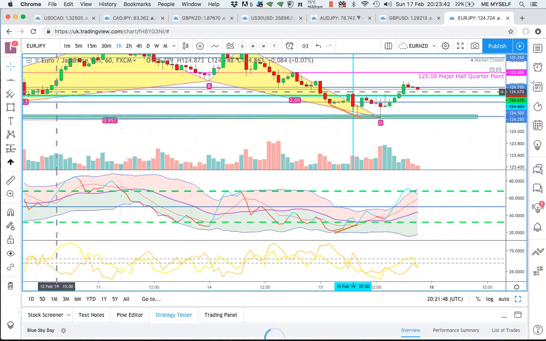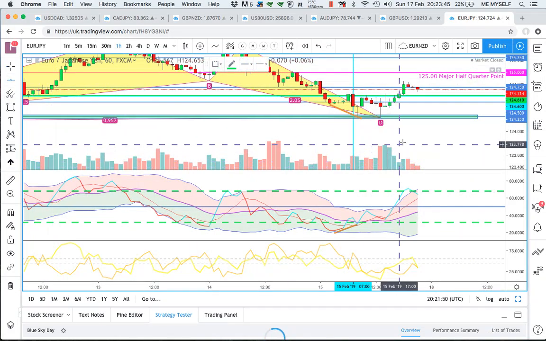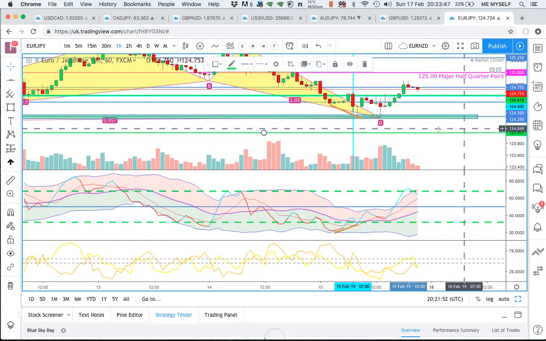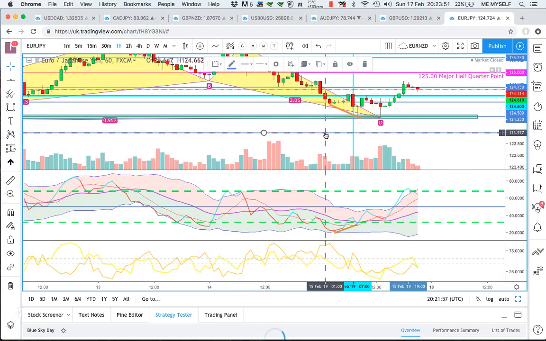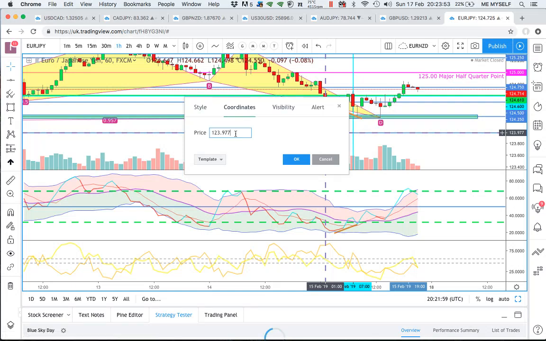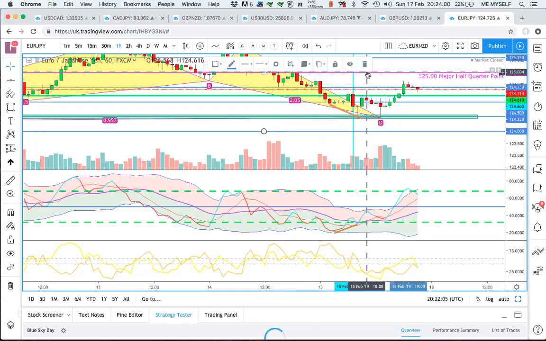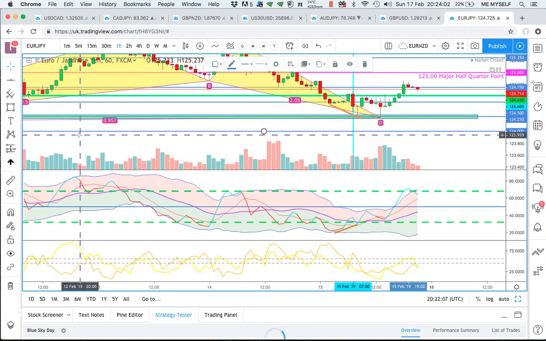is usually, I'm putting another quarter point level down. The next quarter point level down is 124.0. And you want to put your stop loss about 5 pips below your next quarter point down.